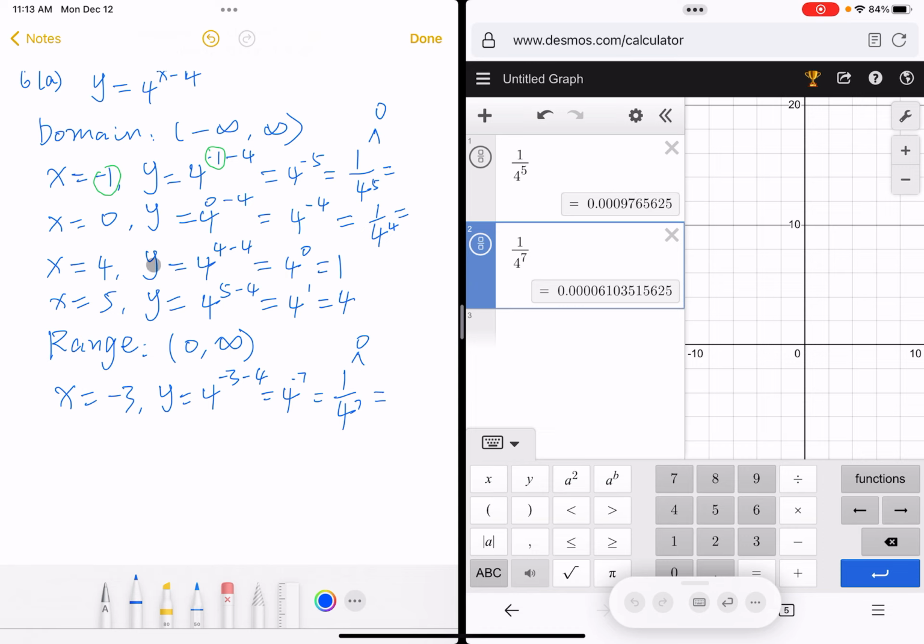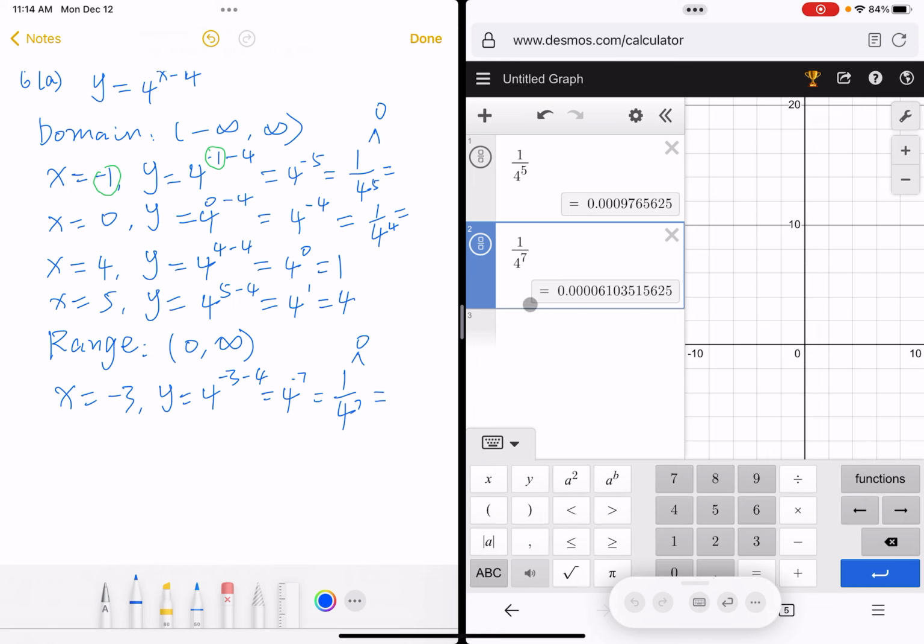This means as x goes from 0 to -1 to -3, the number you get is smaller and smaller. You see from -1, you get this number. From -3, you get an even smaller number. So when x goes more negative, this number will be very small. So the y value will be very close to 0.